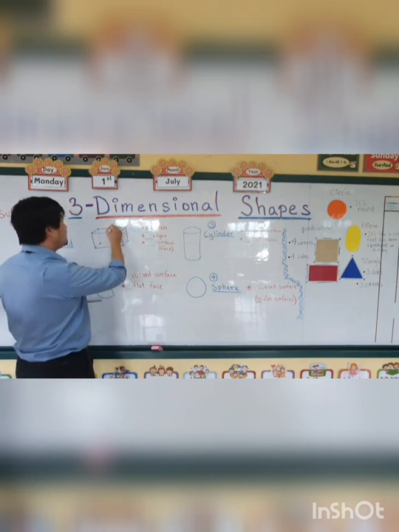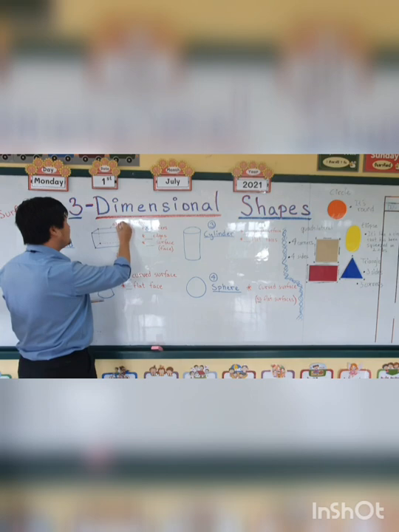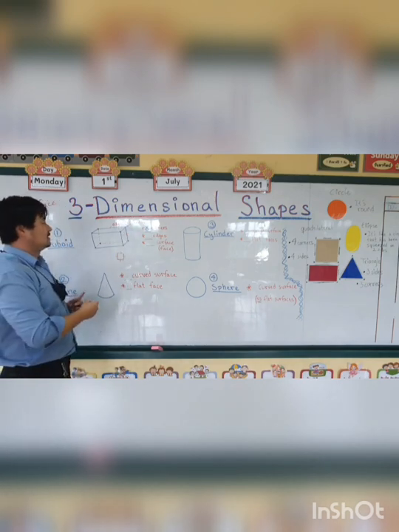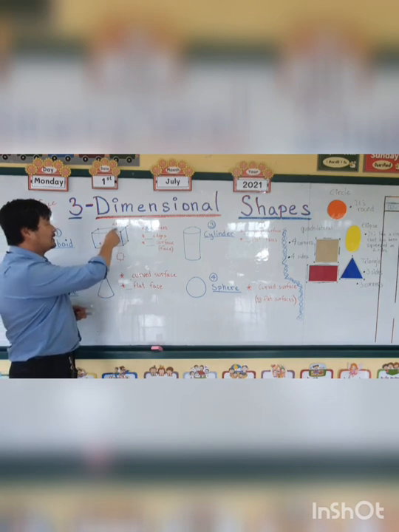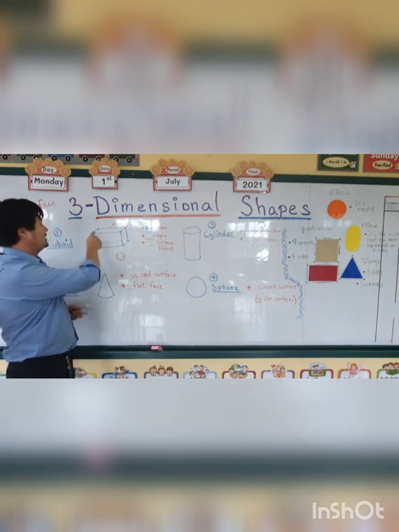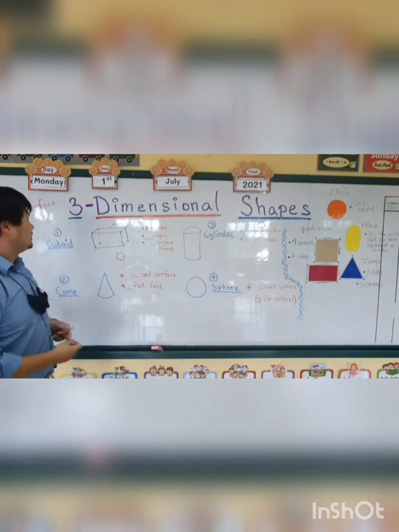And then this is an edge. Edge. Okay. So how many edges? Let's count them. 1, 2, 3, 4, 5, 6, 7, 8, 9. 9 edges. Yes?